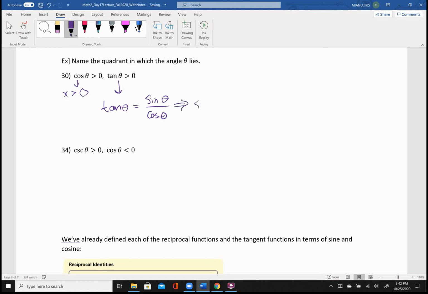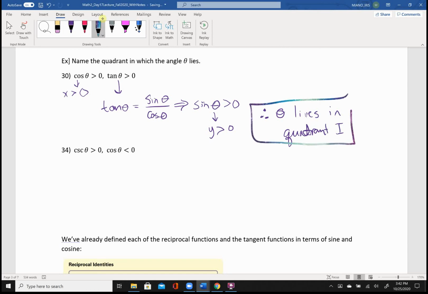So this implies that sine theta also must be positive. So sine theta is the y, right? So the y is positive, the x is positive. What quadrant are we in, folks? We are in quadrant 1. So therefore, here's my triple dot symbol. That's mathematical shorthand for the phrase therefore. Theta lives in quadrant 1. And we use Roman numerals for this.